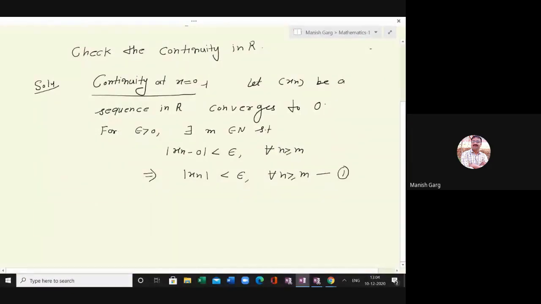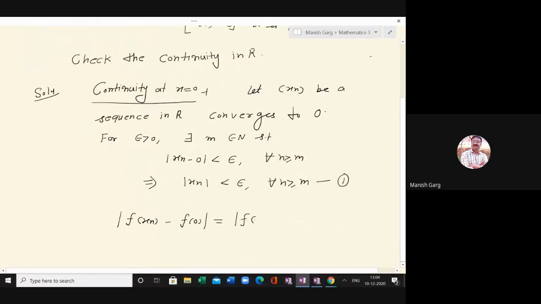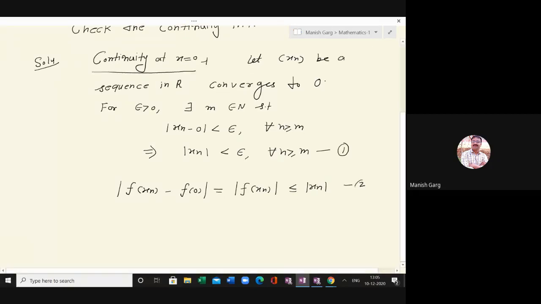Now you need to prove f(xn) converges to f(0). So let us check f(xn) minus f(0). Now 0 is a rational number, and if x is a rational number the value of the function is 0. So f(0) is 0, and here xn may be rational or irrational. If it is rational, it will be 0. If it is irrational, it is xn. So this value will be mod xn, whatever xn is, rational or irrational.